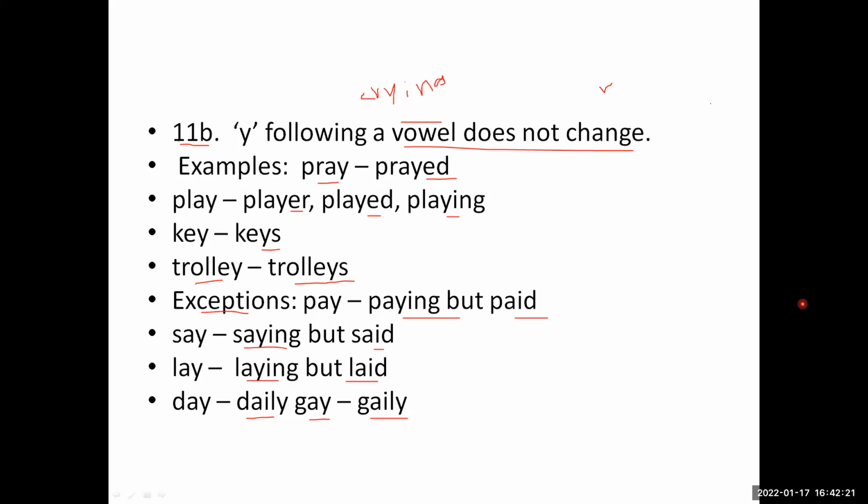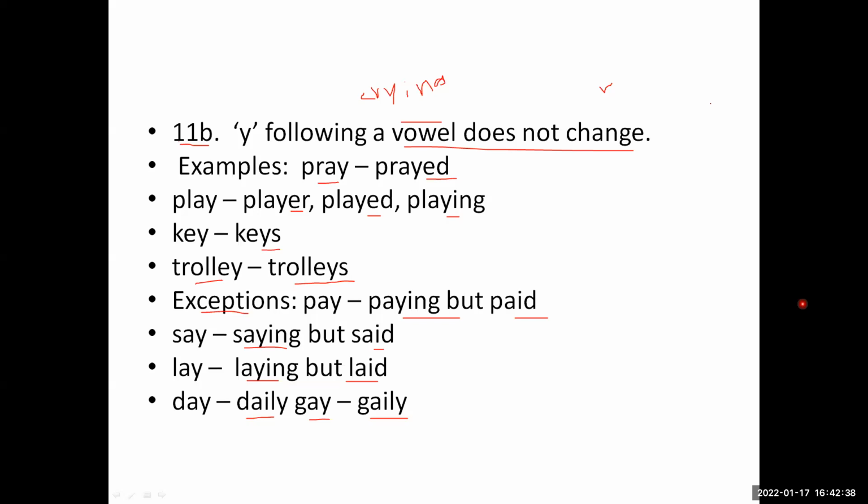41 absent. 42, 43 absent. 44, 45, 46 absent. 47, 48, 49 absent. 50, 51.